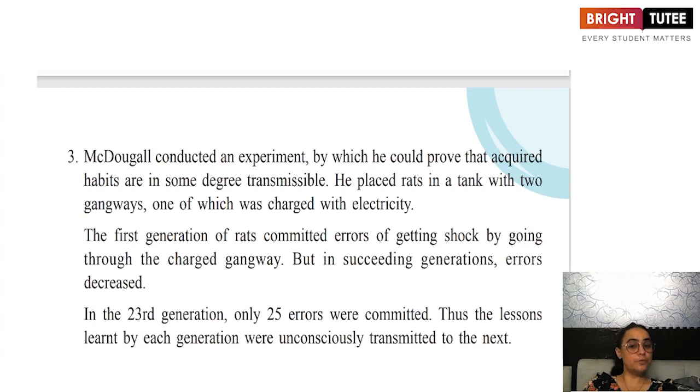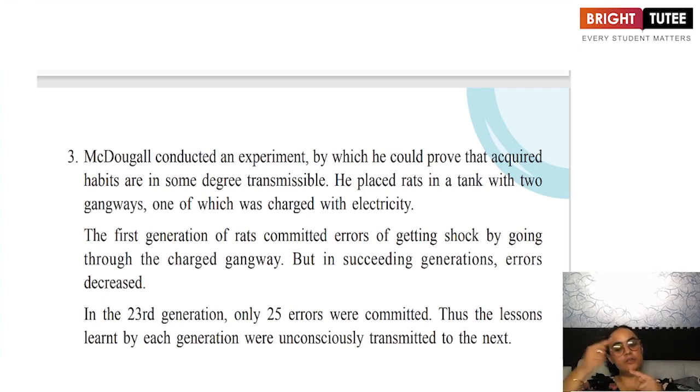How did he prove that? Now he took rats in a tank, and there were two gangways. There were two ports which were charged with electricity. The first generation of the rats continued to commit errors by going through that port which was charged and getting a shock in return.